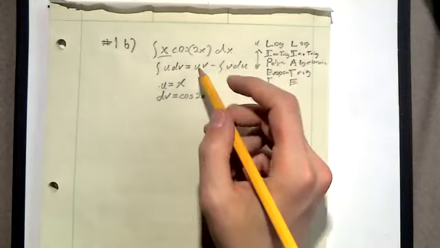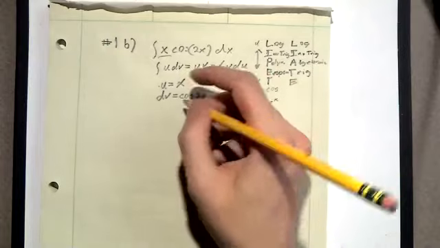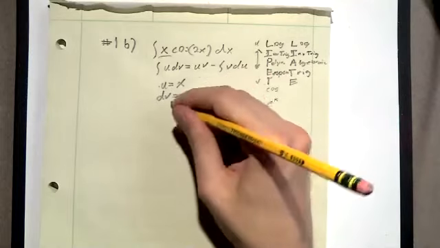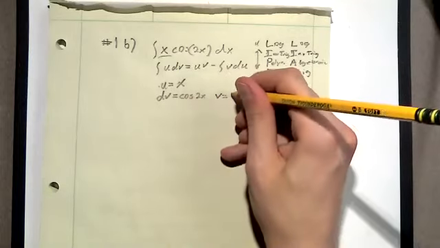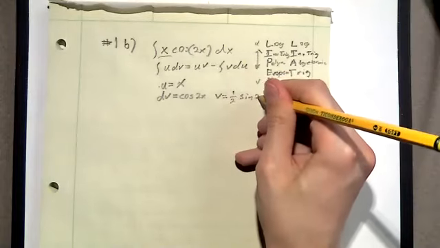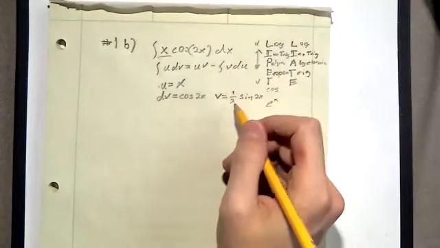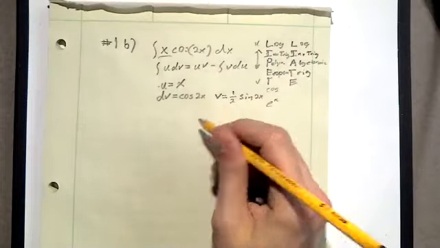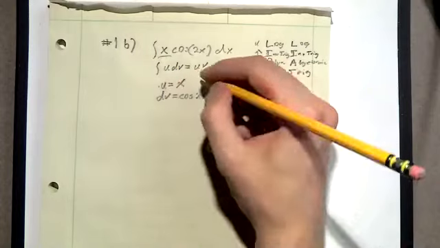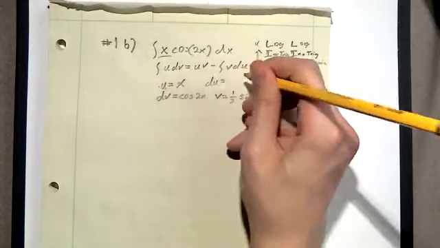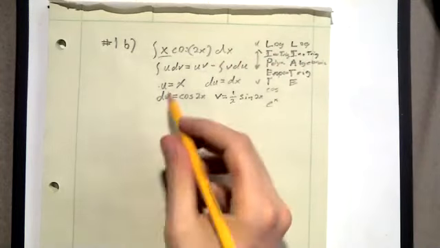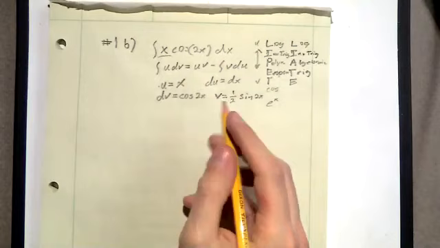We need to solve for v, which is the integral of this, which happens to be 1/2 sine 2x. Not negative because we're integrating rather than deriving. And for u, du is going to equal just dx, because the derivative of x is 1.